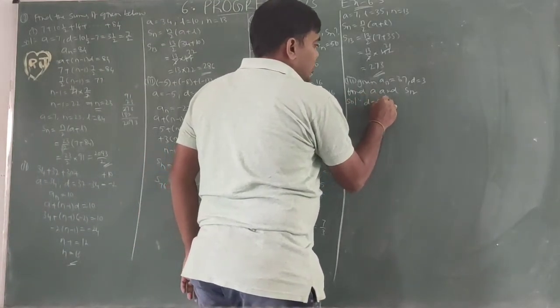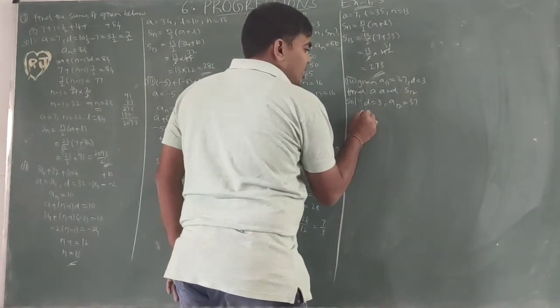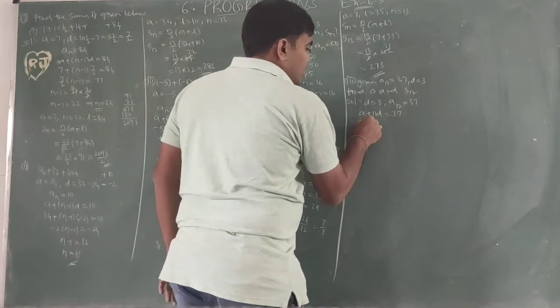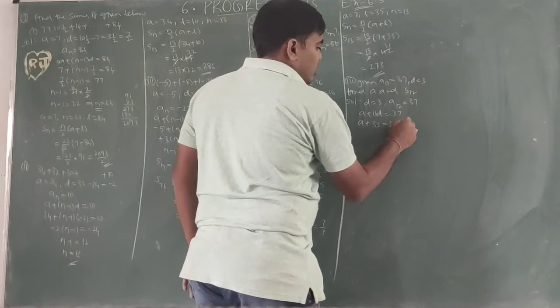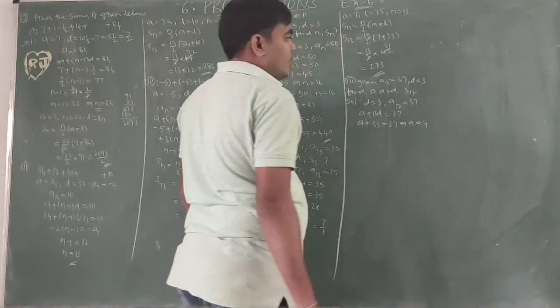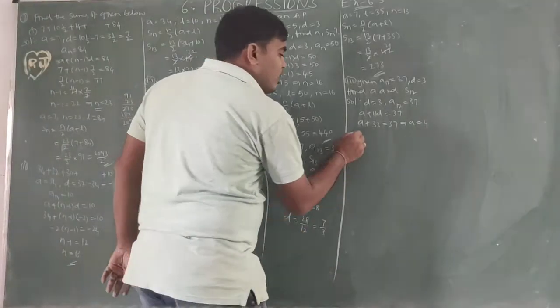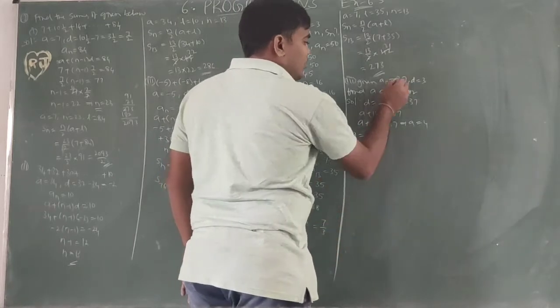D equal to 3, A12 equal to 37. A12 formula: A plus 11D equal to 37. A plus 11 into 3, 33, equal to 37 implies A equal to 4. A value 4, 37 minus 33. We need S12. Last term, 12th term, 37.